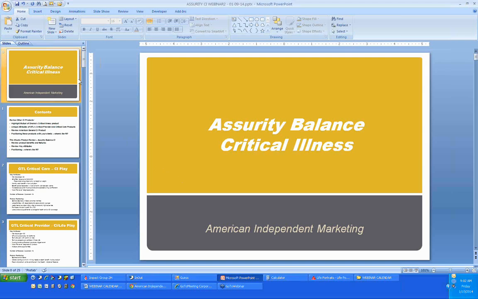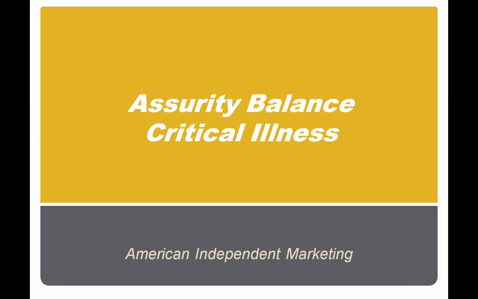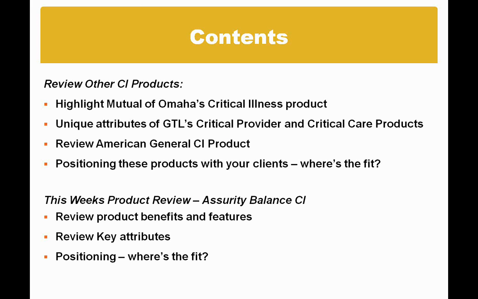So that being said, let's go ahead and get started today. The agenda is we'll cover the other critical illness products we have. Some of the other players definitely have features that this one does not have, and attributes that may make them a better fit in certain situations, like the Mutual of Omaha product.